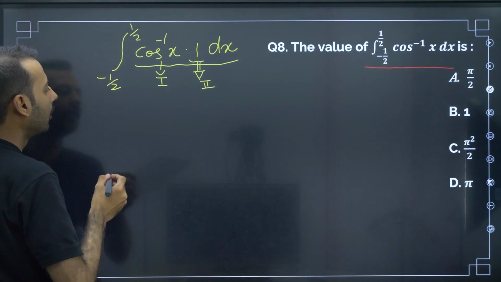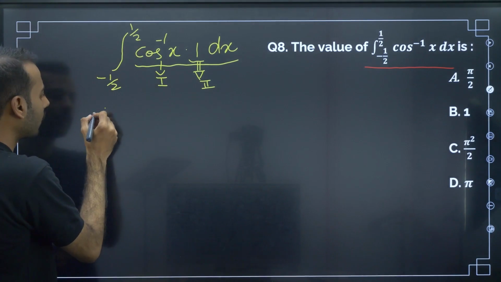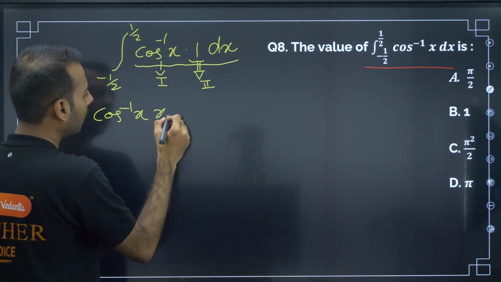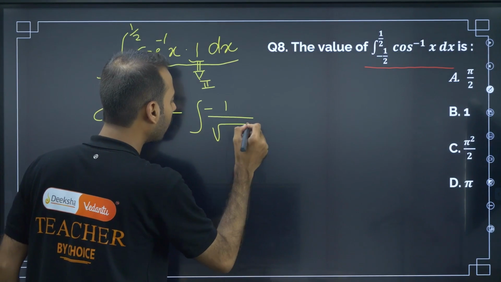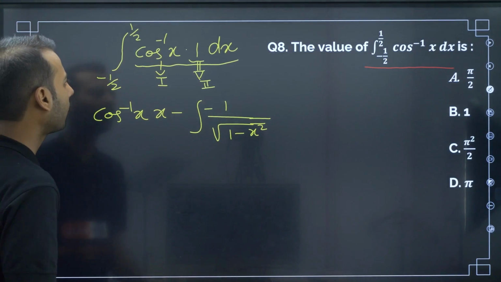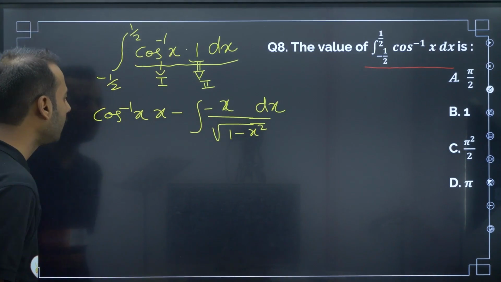So by parts, we have to go for integration. First function I am keeping as it is, integration of next minus integration of d by dx of first, which is minus 1 by root of 1 minus x square, into integration of next, which is x dx.